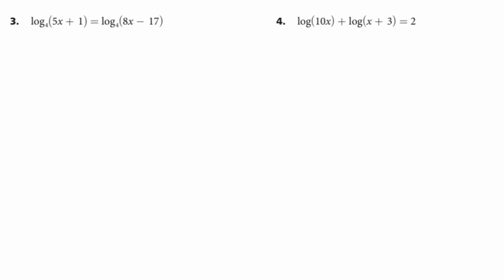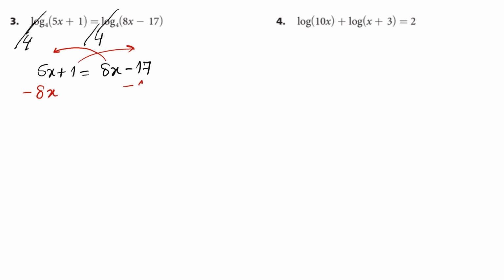Now what have you seen, that on both sides there is a log and both have the same base. So you can either cancel it directly or raise the power of 4 here and raise the power of 4 here to cancel out. Now you will be left with 5x + 1 = 8x - 17. What you have to do, bring the 8x on the other side and bring the positive 1 on the other side.